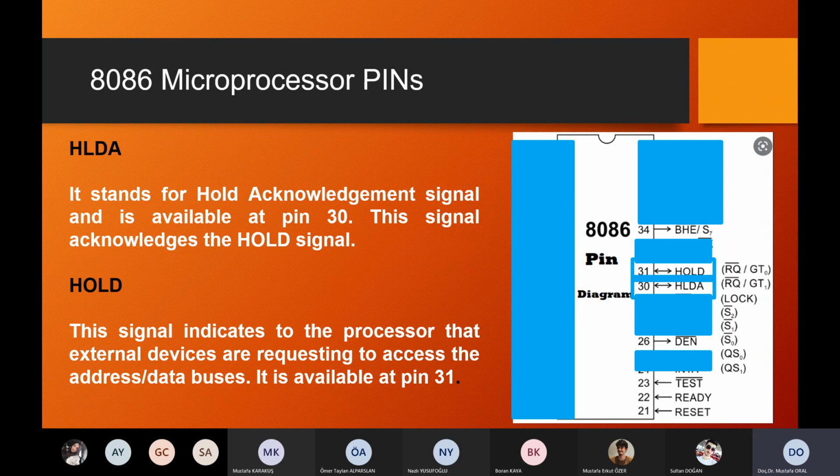What I mean is, for example, direct memory access, DMA, even though it is not a processor, it's an external device, it wants to directly access memory without the help of the microprocessor.